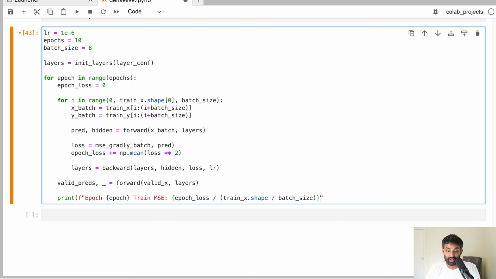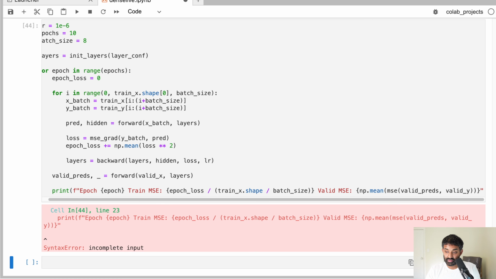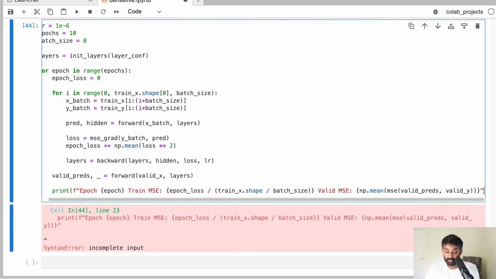So that's the number of iterations our algorithm will make in each epoch. And then we'll print out our valid mean squared error, which is just going to be the MSE between the valid preds and valid y. All right, so now we can run it and it should print some things out if I close my parentheses.